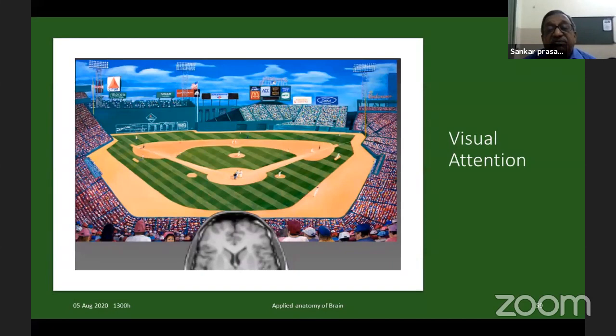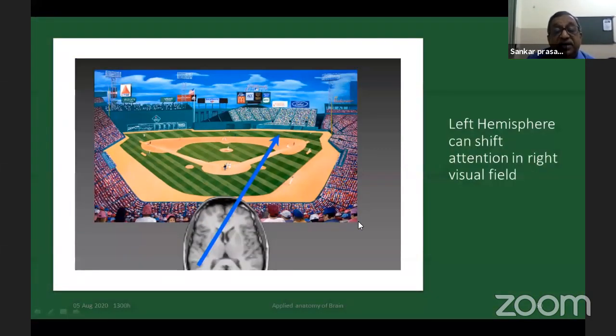That brings us to visual attention, which is a very important concept in neurology. The attention of the visual fields, which are divided into right and left visual fields. The left hemisphere can shift visual attention to any place in the right visual field.